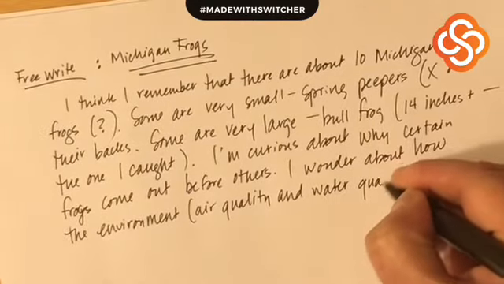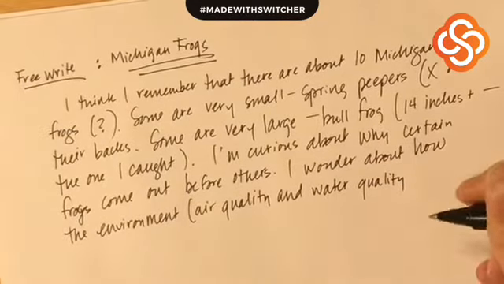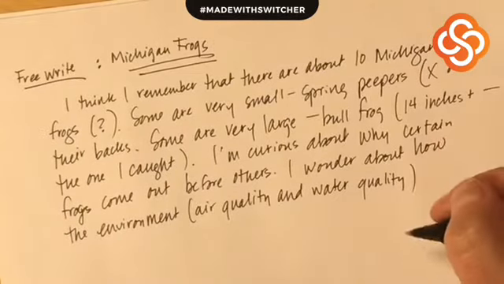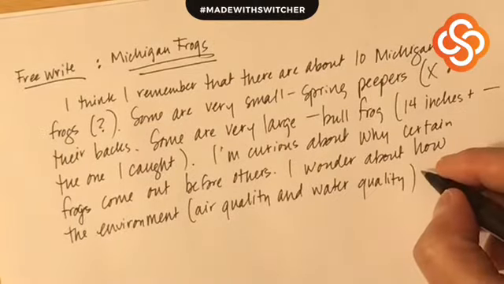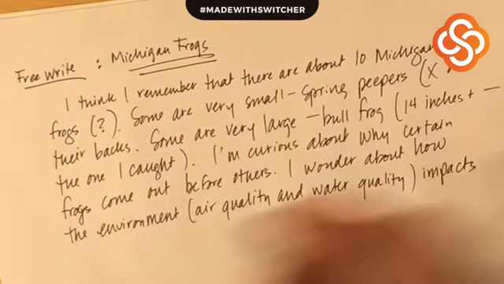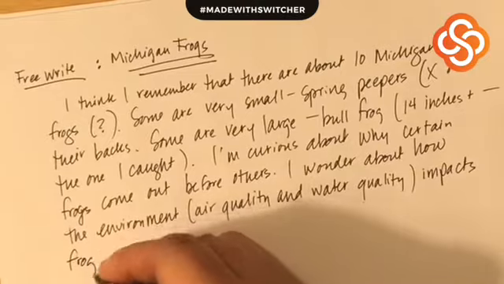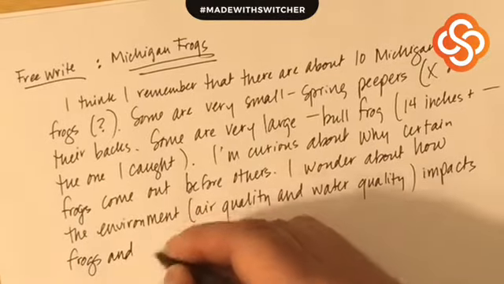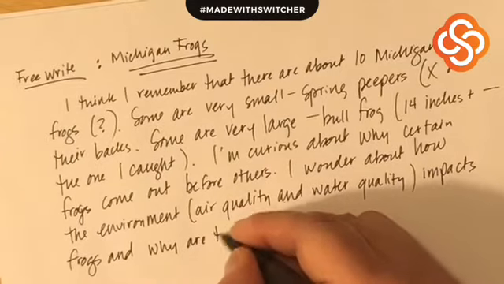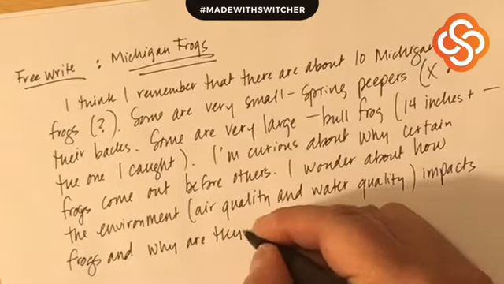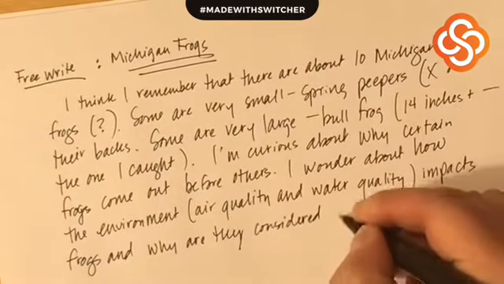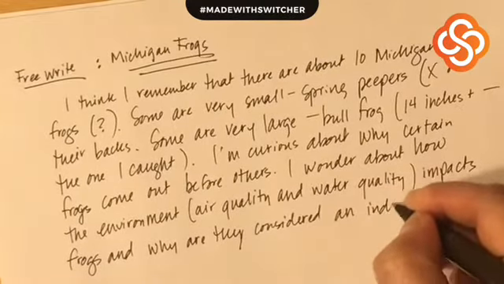You know, I'm going to be focusing on the environment because that's something I'm really interested in, and I want to kind of make those connections between how the environment impacts frogs, and why they are considered an indicator species.